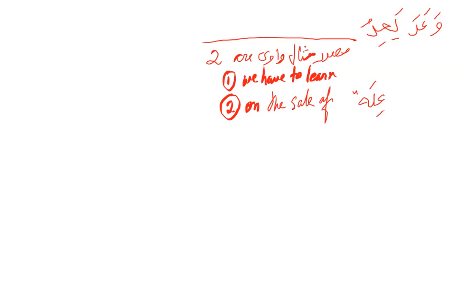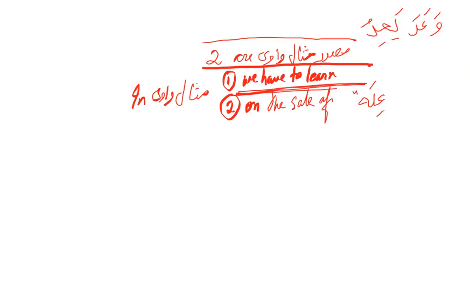So remember, in family one, there are no set patterns in the masdars. But in Missal Vavi, there are always two masdars. One of them, we have to see the dictionary and learn. There are no set patterns.